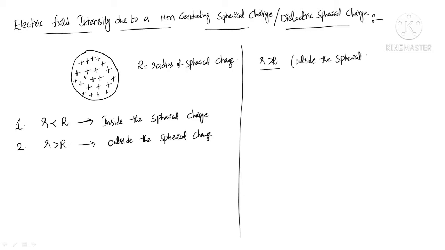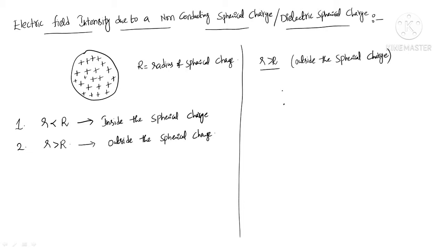In the last class, we have seen that for a spherical charge, the Gaussian surface is another sphere with the same center. Let us see the Gaussian surface outside the spherical charge.